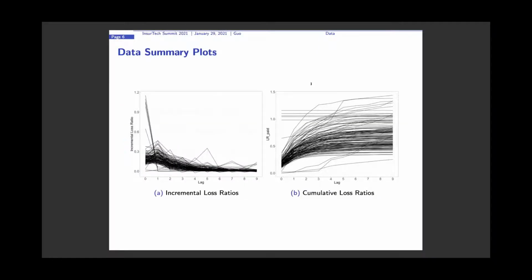Each curve represents a loss development for one company in a particular year, with the ILR on the left-hand side and the CLR on the right-hand side. By observing that, you can see it's not quite heterogeneous within a line.